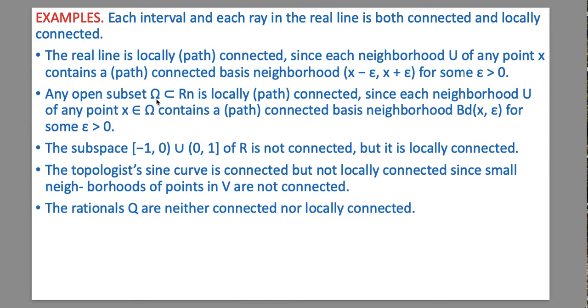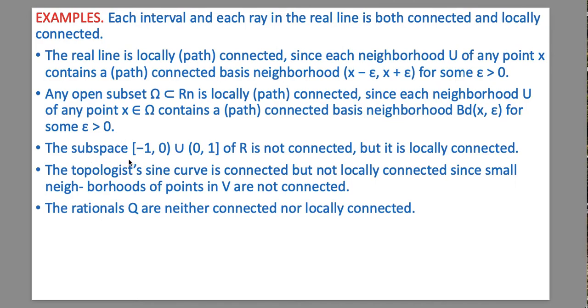Any open subset omega of R^n is locally path connected since each neighborhood U of any point x belonging to omega contains a path connected basis neighborhood, the open ball B centered at x and radius epsilon for some epsilon greater than 0.